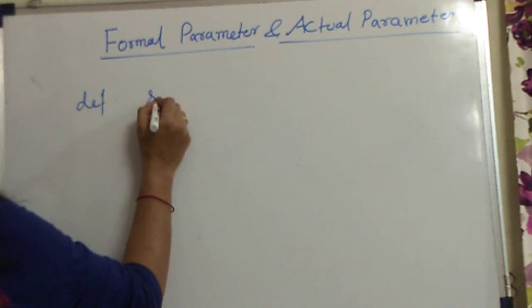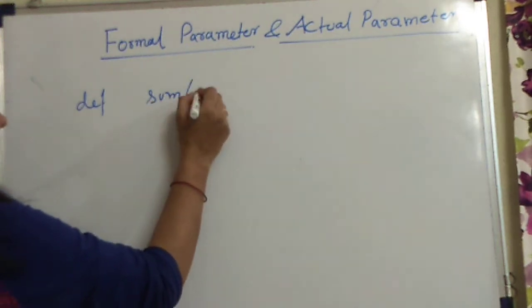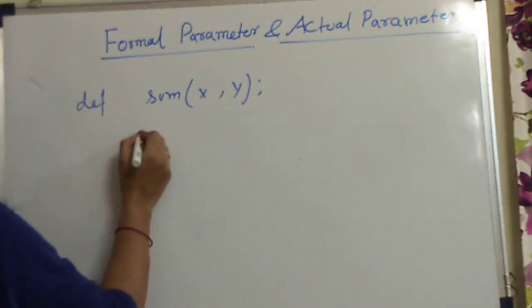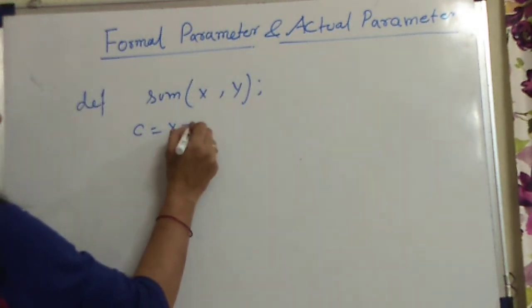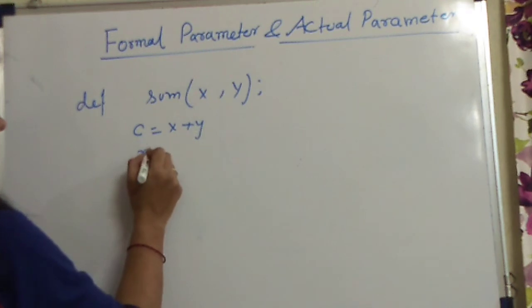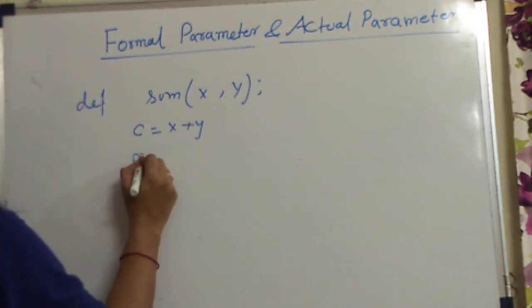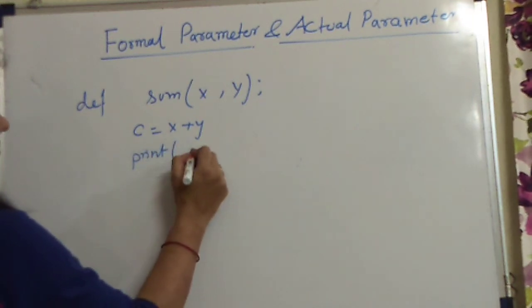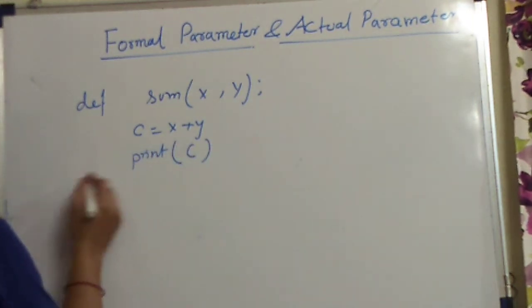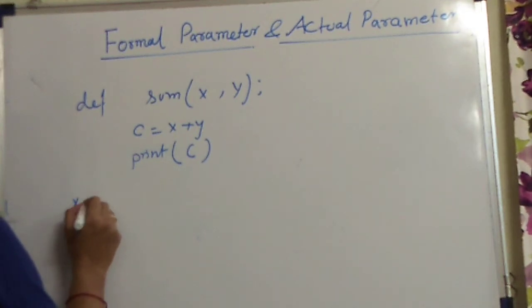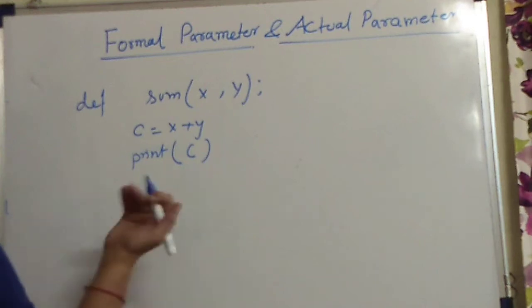Definition: define a function sum, have arguments x and y, and c equals x plus y. You are returning a value or not, that doesn't matter. Print c.